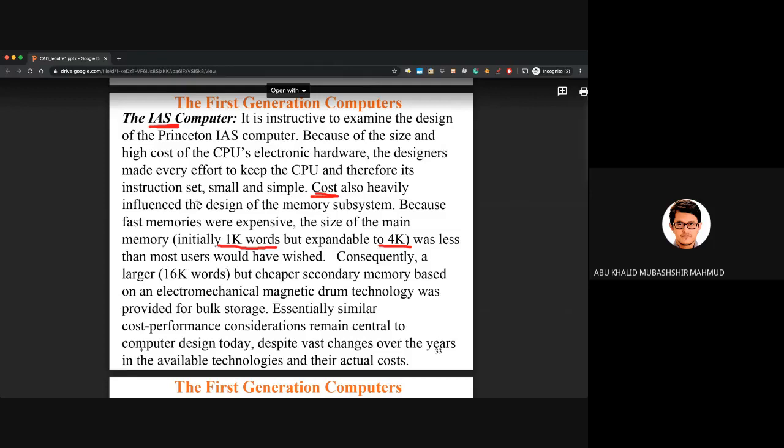Now these are the kind of memorizing topics, so I will advance to the next slide.